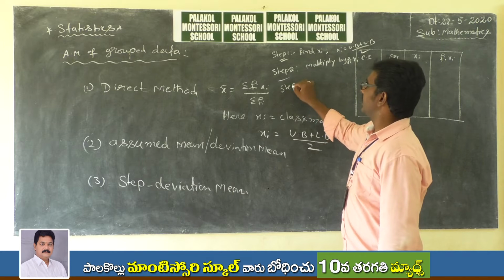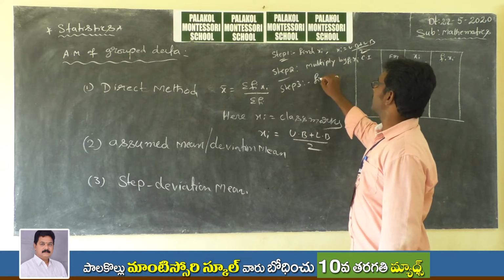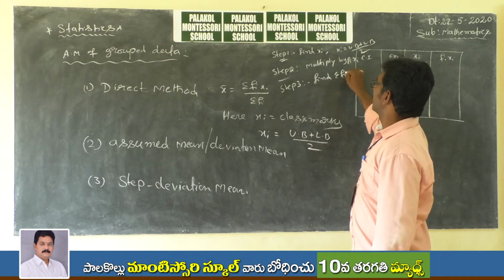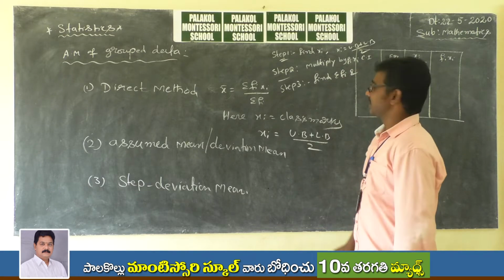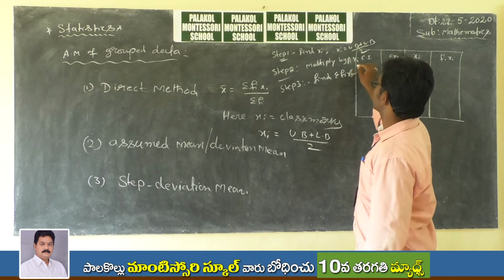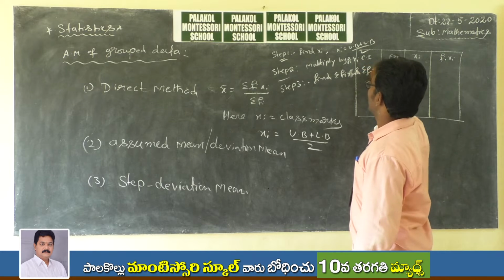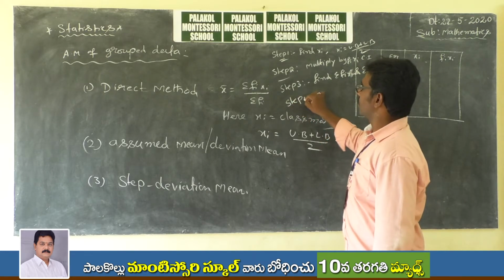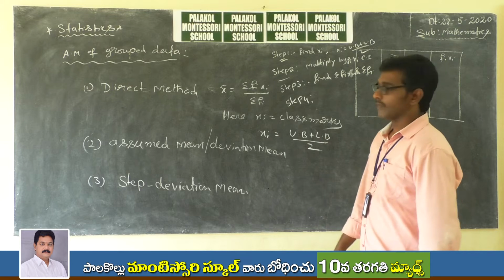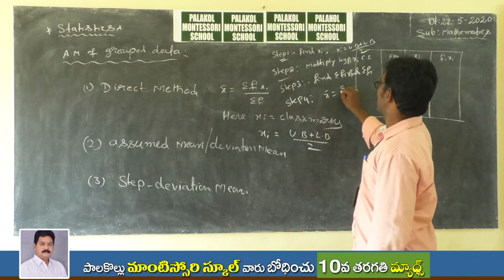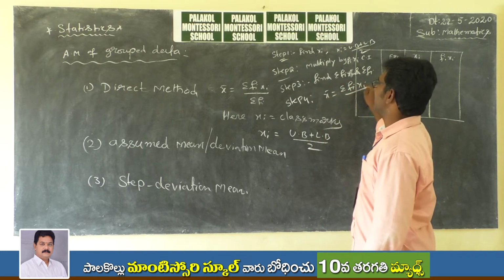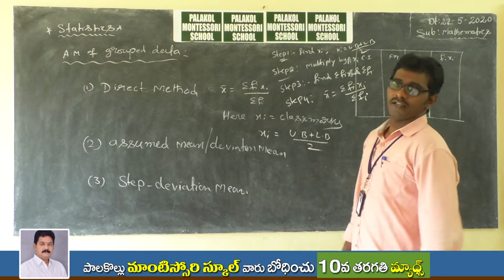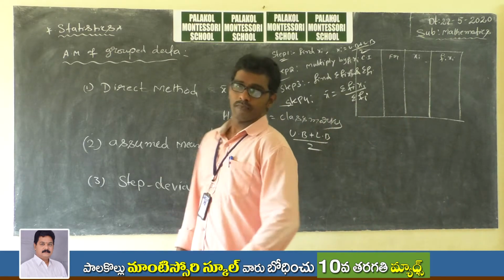Step 3: find sigma fi xi and sigma fi. Step 4: x bar is equal to sigma fi xi by sigma fi. This is the direct method.